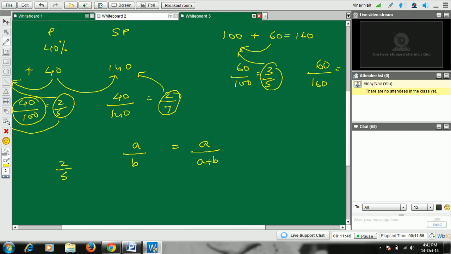So 2 by 5, and this becomes 2 by 2 plus 5. Here we had 3 by 5, is 3 by 3 plus 5. So when the profit is A by B of the cost, it is A by A plus B of sales.